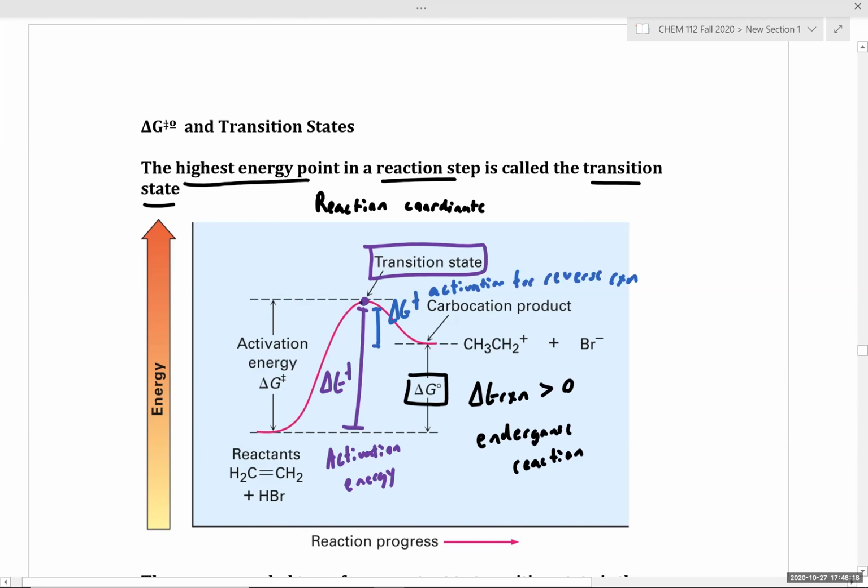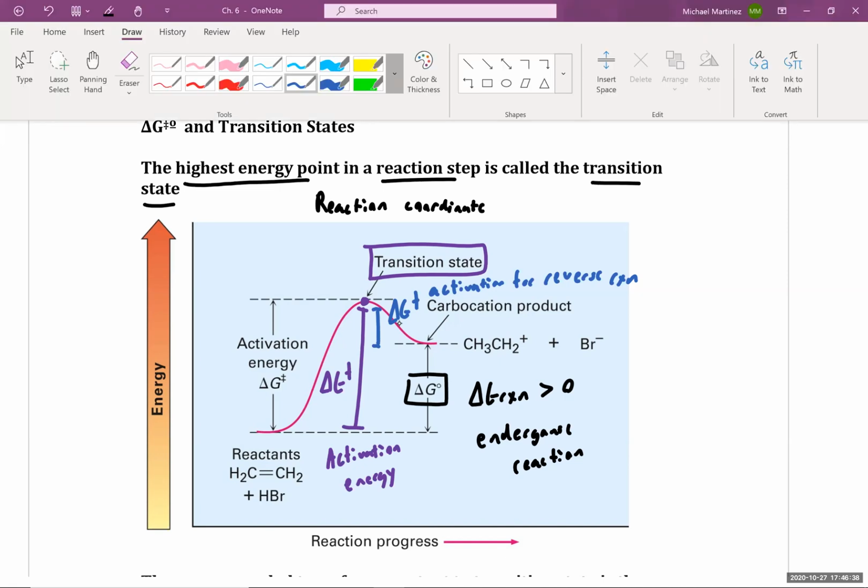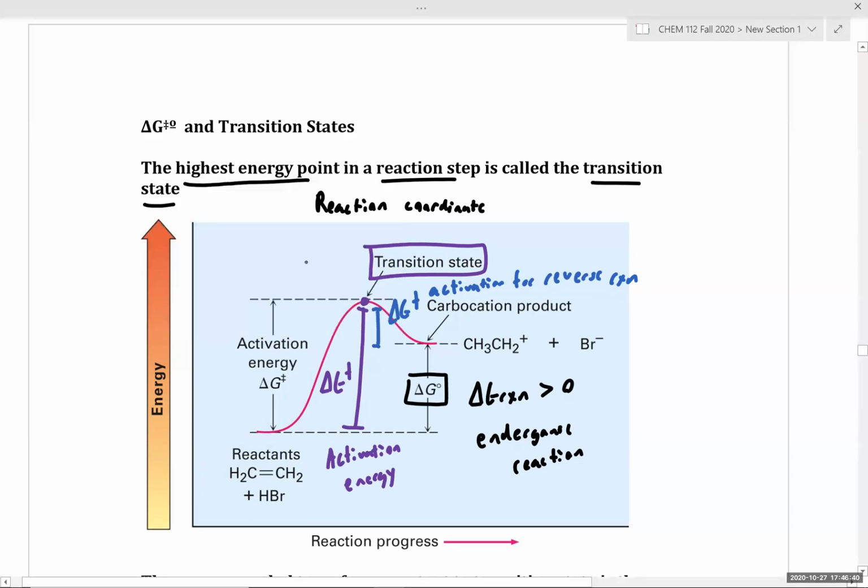And by looking at the activation energy of the forward and reverse reaction, as well as looking at the overall energy of our reactants and products, we can estimate the equilibrium constant for our reaction. Does that idea make sense? Does this analysis make sense to everyone? Any questions so far?